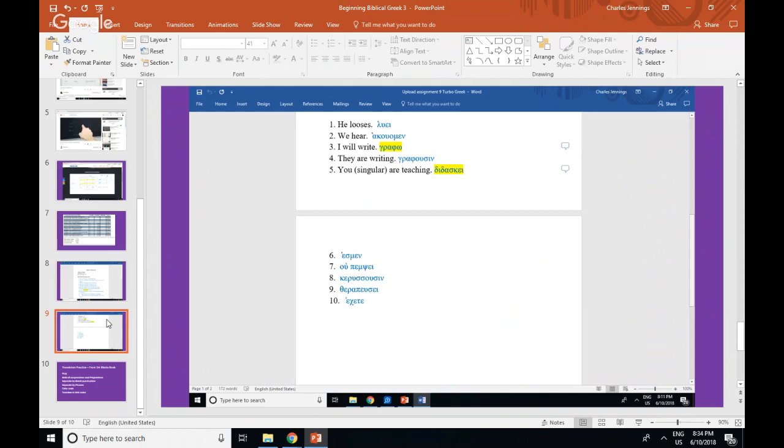And so far, I found that to be true. So if this would have been a you singular, it would have had a sigma at the end. But of course, it just has the epsilon iota, and so that should have let me know that it was third person.